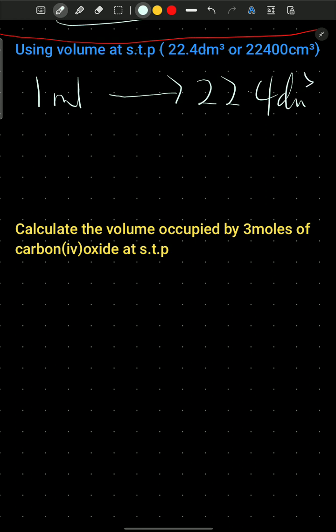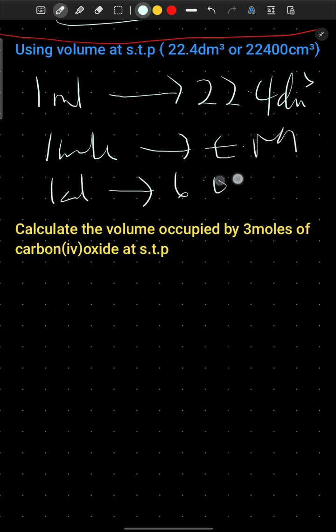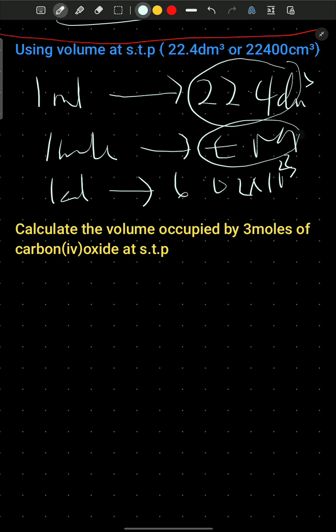Don't forget I told you that 1 mole is equal to the exact molecular mass, and 1 mole is equal to 6.02 times 10 to the power 23. So it simply means that 22.4 dm cube is also equal to the exact molecular mass of any substance, and equal to 6.02 times 10 to the power 23. They are equal to themselves.